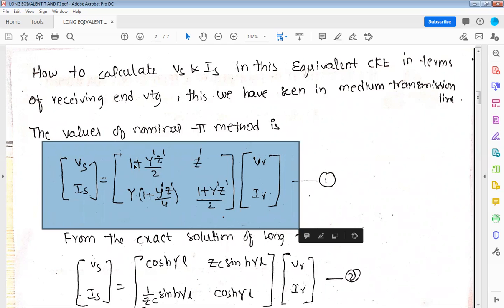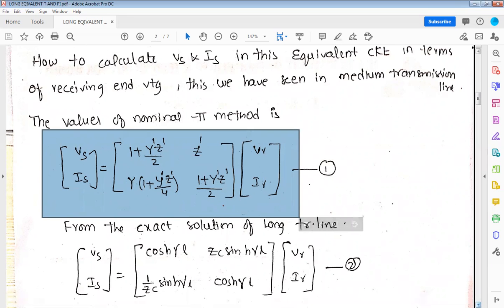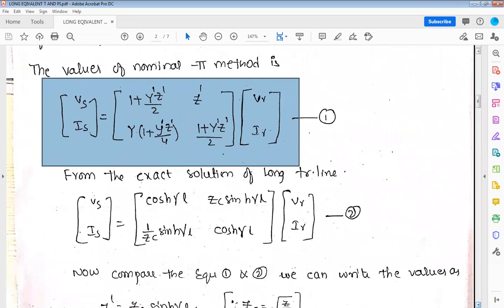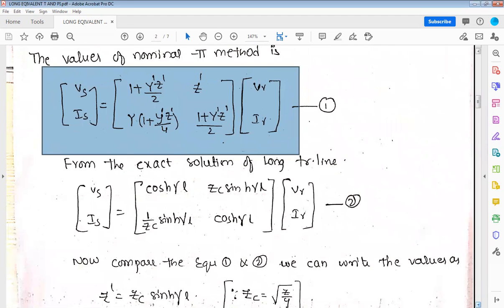A is 1 plus YZ by 2; there I had written YZ by 2, now I am representing it as Y dash Z dash by 2, and C will be represented as Y into 1 plus Y dash Z dash by 4, into 1 plus Y dash Z dash by 2. From here we are going to find the impedance and admittance forms for the long transmission line, right?